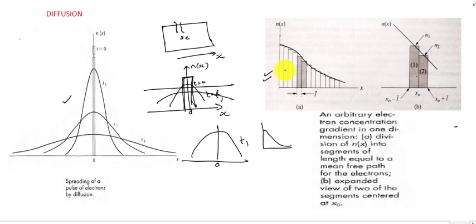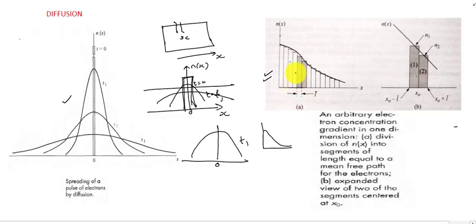Here L bar is the mean free path or mean free length, and it is related to collision, similar to T bar, the mean free time for collisions.